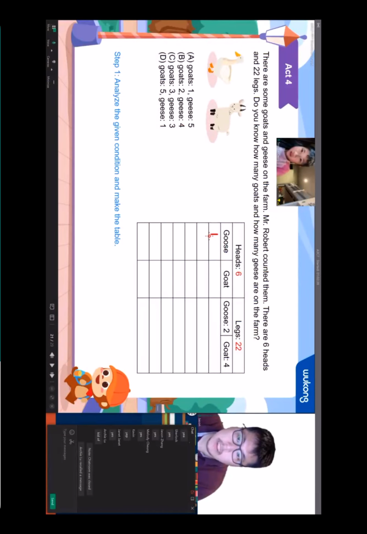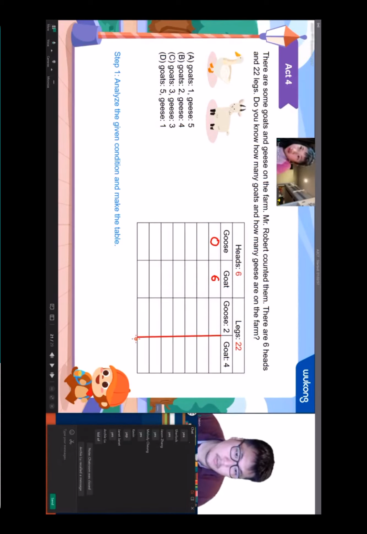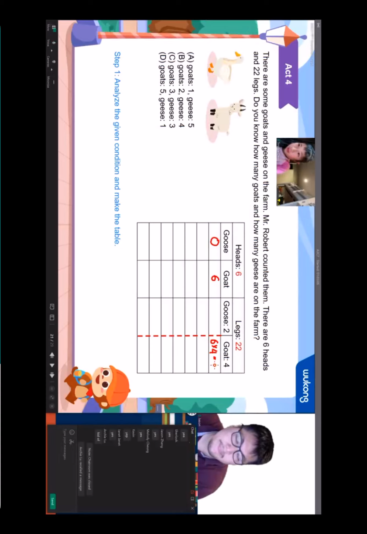So if we have 0 for goose, then how many goats do we have? 6. 6, and that means for goose, we don't have any legs. And for goats, why don't we make a division like this, so we can do it half-half as well. For goats, we have 6 times 4, which equals 24, and that's not the answer.